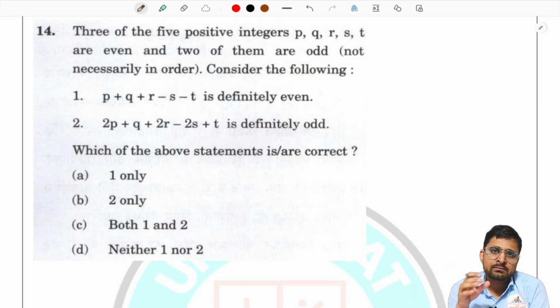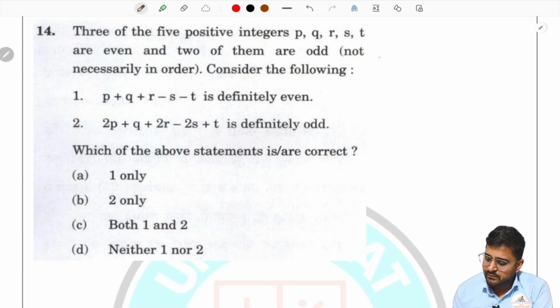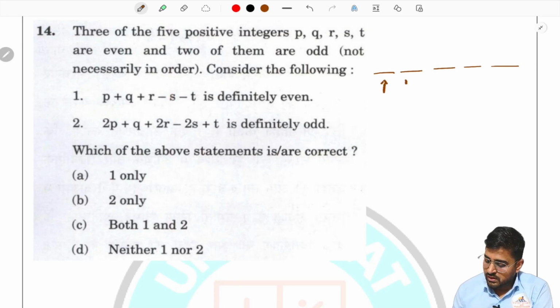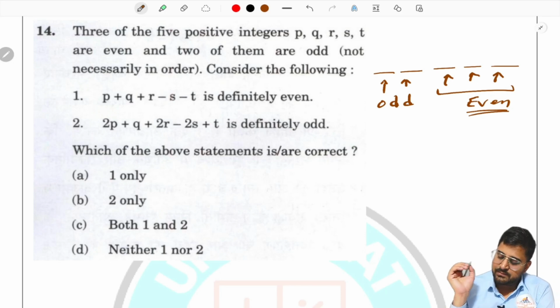So definitely 2 are odd. Write the observation. You have 5 numbers in which 2 are odd and 3 are even. Very well.